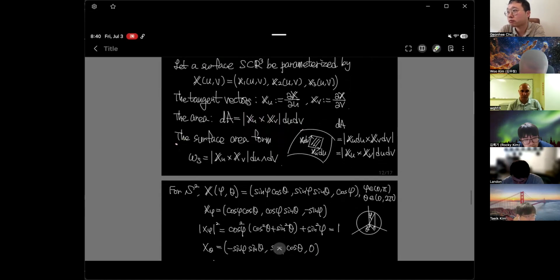And the surface area form, if we call it omega of s, becomes this one. Why?